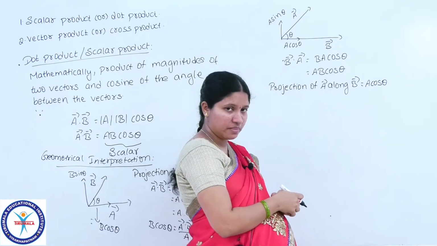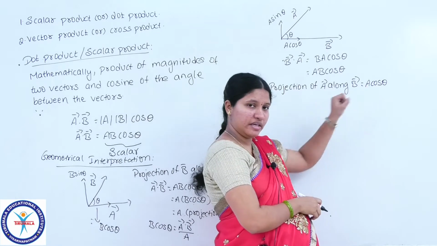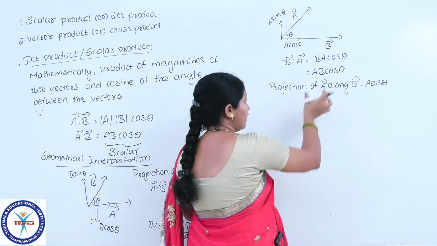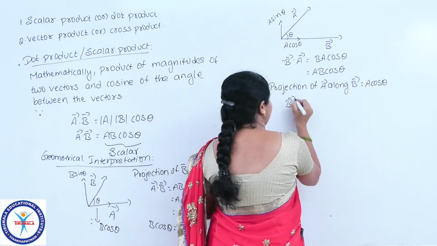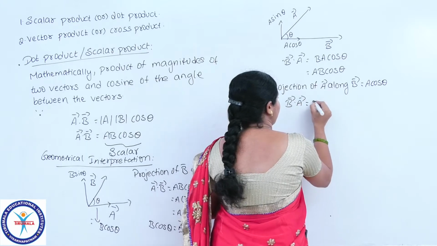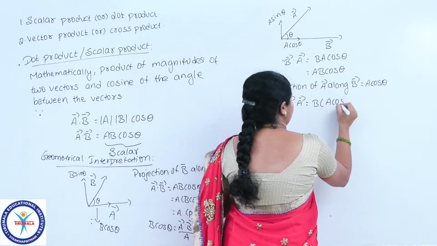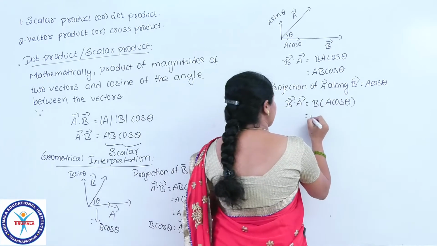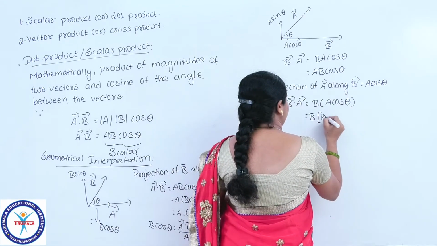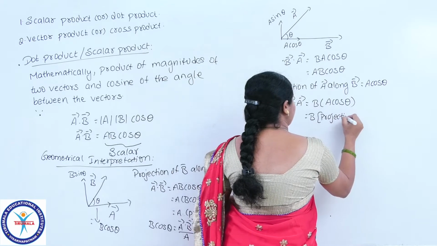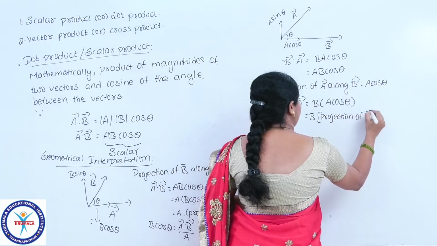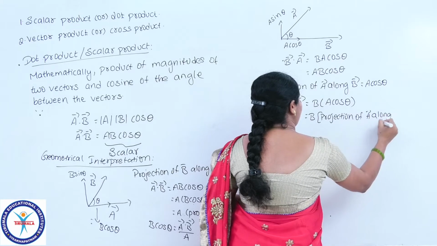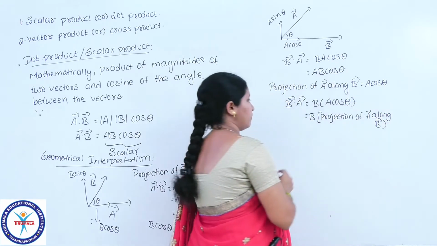So the projection of a bar along b bar is a cos theta. Here b bar dot a bar is equal to b into a cos theta. So in place of a cos theta we can write the projection of a bar along b bar.